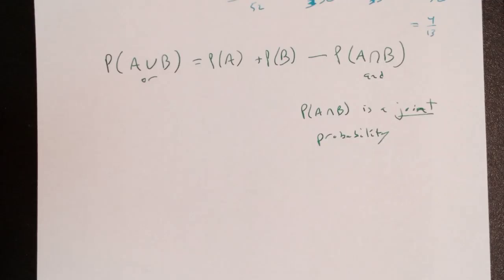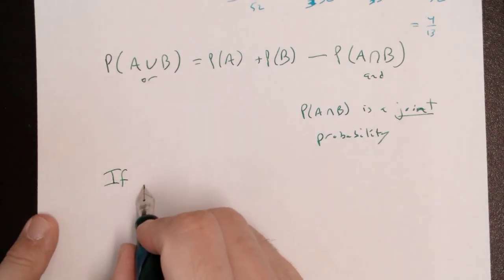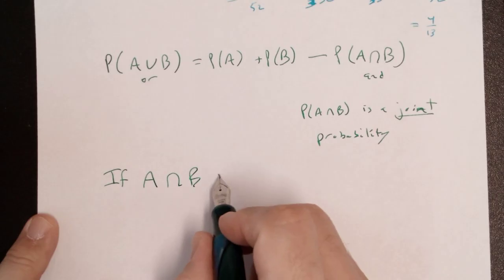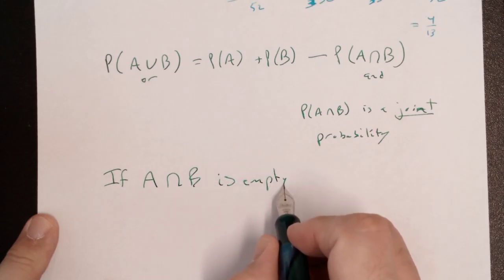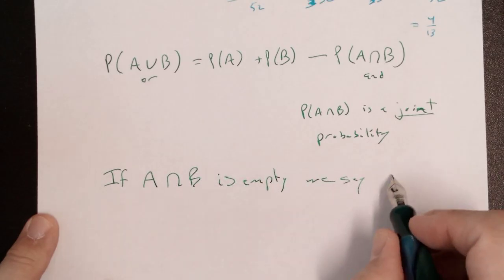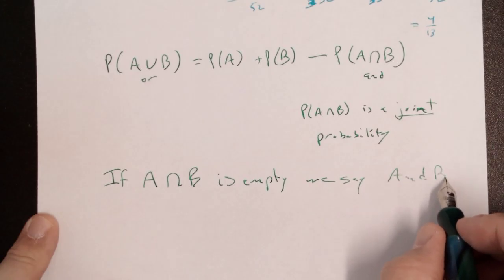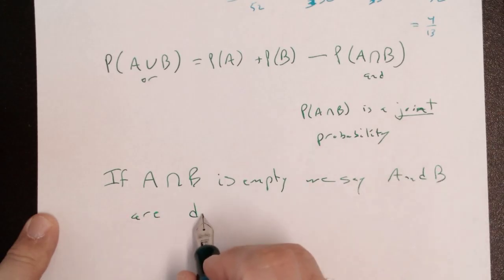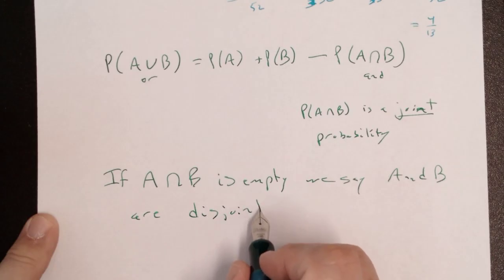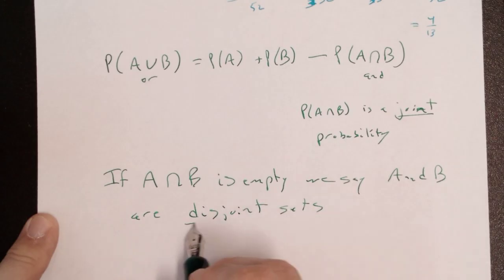If A and B are separated sets, there's a name for that. If A intersect B is empty, we say A and B are disjoint sets.